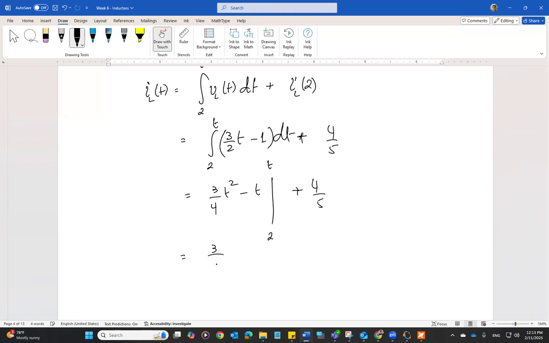So we're going to have 3 by 4 t squared and then minus 2, so that's going to become 4. 4 and 4 will cancel each other, so that's going to be -3, and then minus t, and then minus, we're going to do 2, so that's going to become minus or minus plus 2. And I have plus 4.